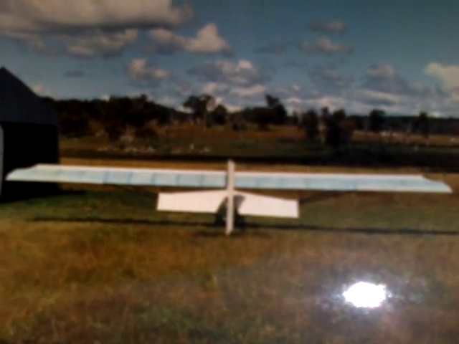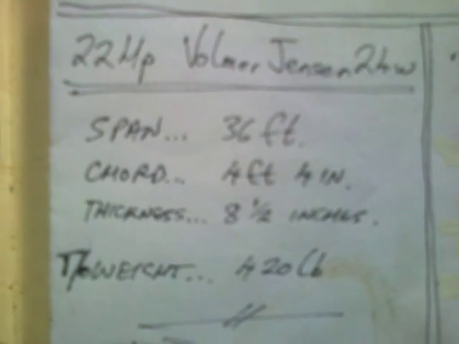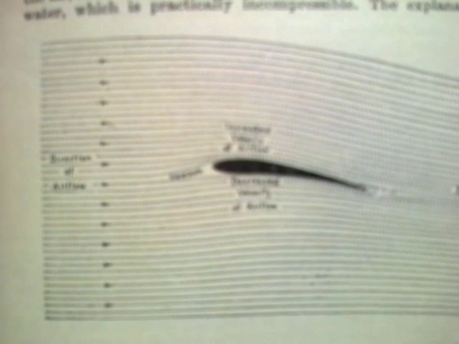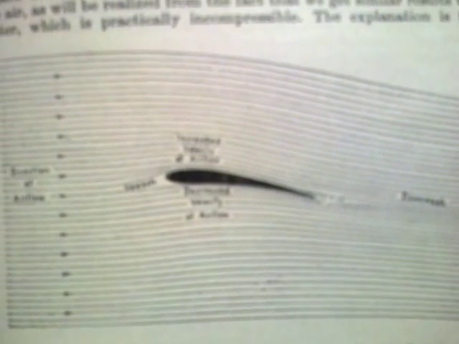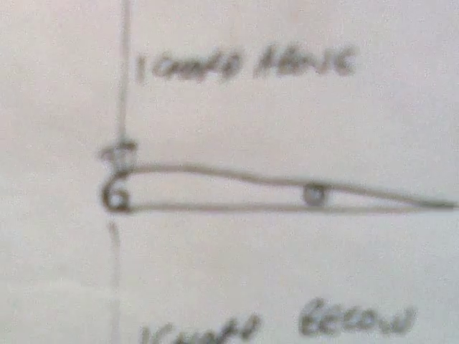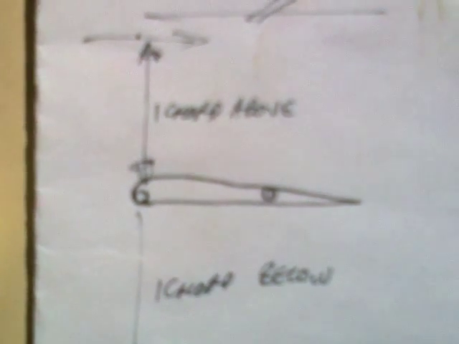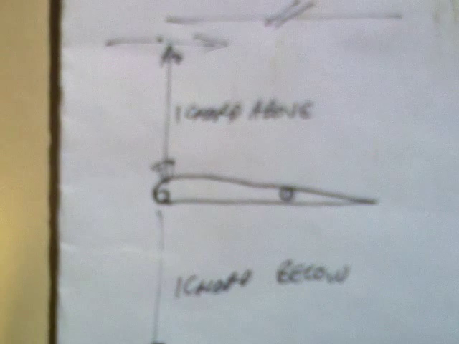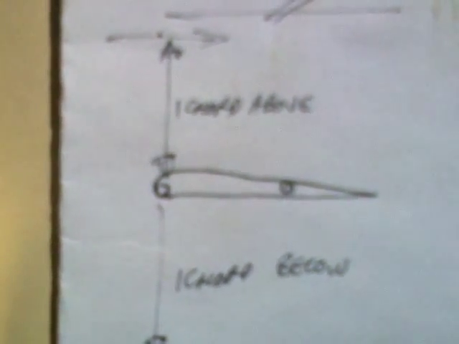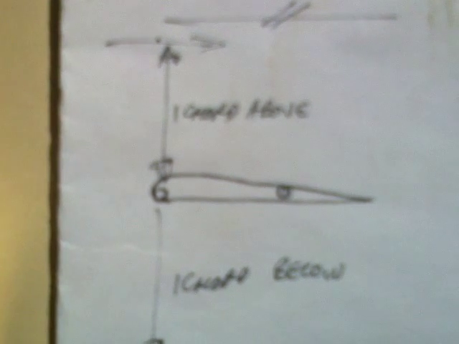When the 420-pound takeoff weight VJ24W was flying, what was going on is as follows. The 36-foot wingspan with a 4-foot 4-inch chord and an 8.5-inch thickness was interacting with one chord's length of air below the wing and one chord's length of air above the wing, meaning it was effectively flying through the centre of a rectangular prism, 36 feet across and 8 feet 8 inches high.